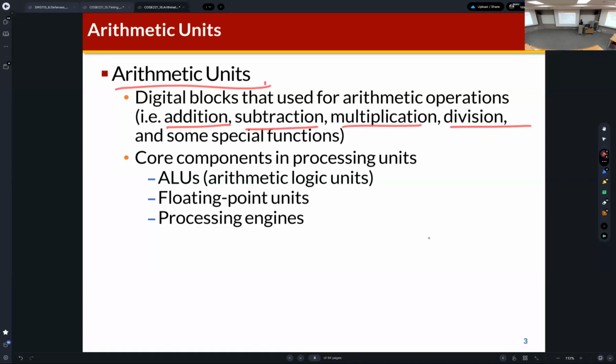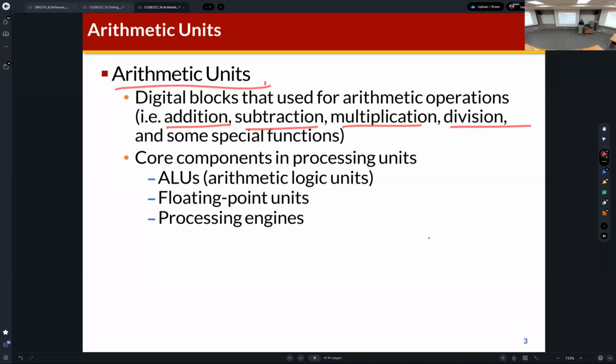So in chapter 5 of the textbook, we will learn how to build the basic arithmetic units first, and the basic modules that can be built with flip flops.